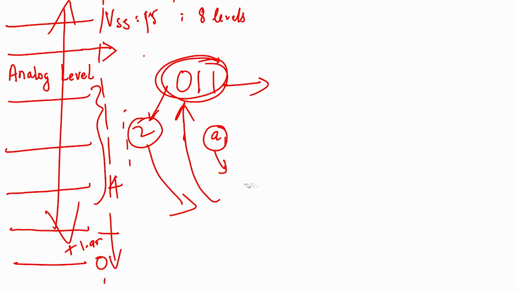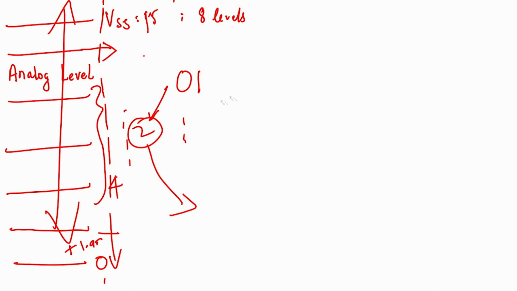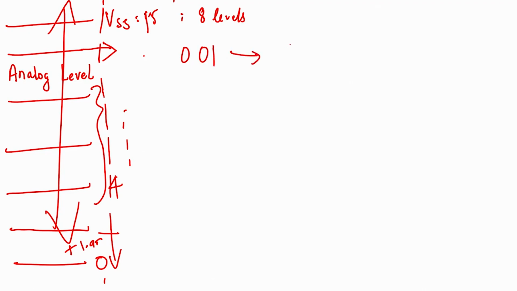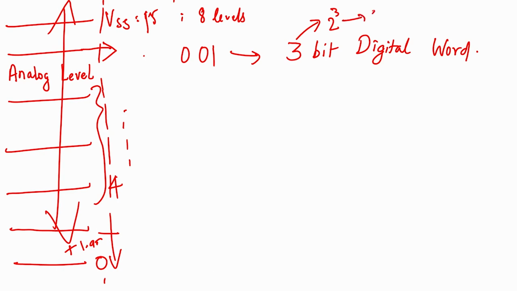So, let us say it is a 3-bit digital word. Now it is very clear to you how to speak about it also, right? We call this a 3-bit digital word. If it is a 3-bit digital word, you can have up to 2 raised to 3 equal to 8 voltage levels in your analog domain.